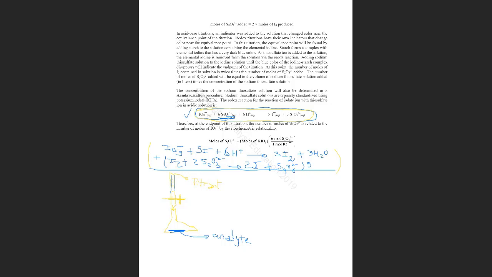Let's do a second simple question. What is conditioning of the burette? Even though, as I said before, you are not doing it yourself, you need to learn all the procedures. So the question is, what is conditioning of the burette, and why do we need to always condition the burette before doing a titration? First of all, conditioning the burette is rinsing the inside of the burette with the titrant.